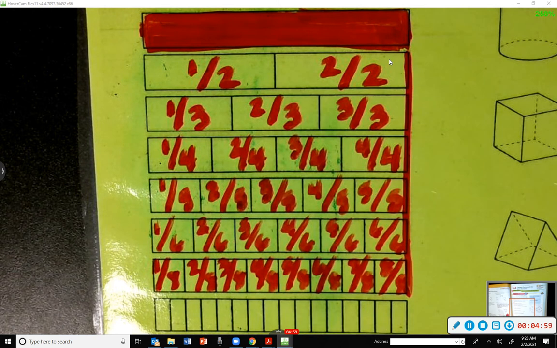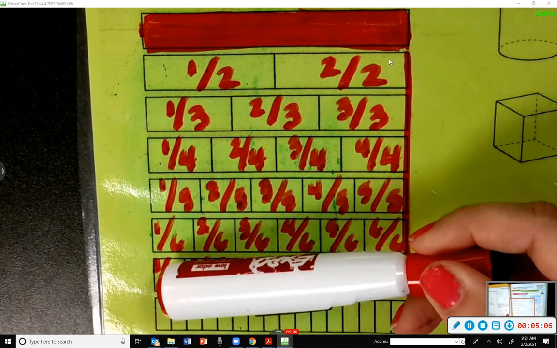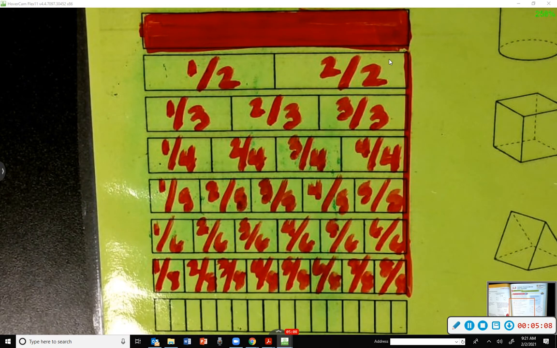Why do you think that is? How could I explain that this piece is bigger than this piece and the denominators are smaller when they're bigger? Kelsey? So every time they go like sideways, like it's starting from 1 all the way to 8, it goes in number form, 1 to 8.